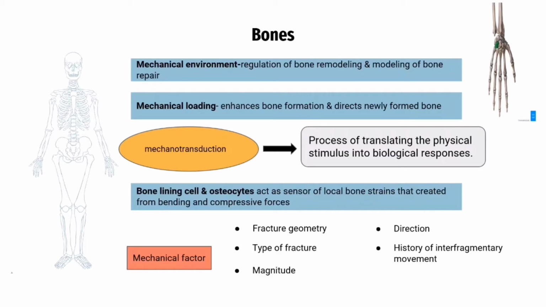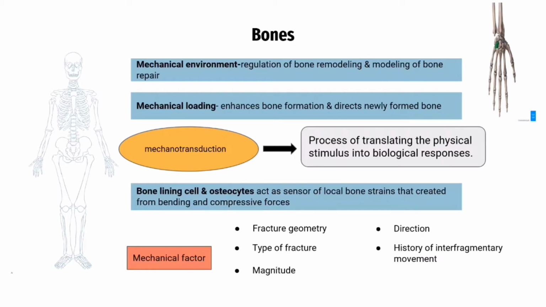Bone lining cells and osteocytes act as sensors of local bone strains which are created from bending and compressive force. A very large variety of mechanical factors have been identified that influence the fracture healing process.